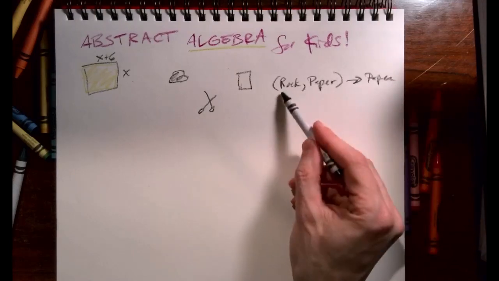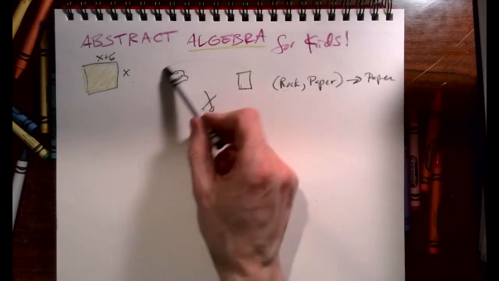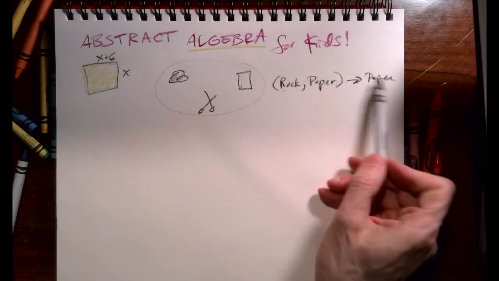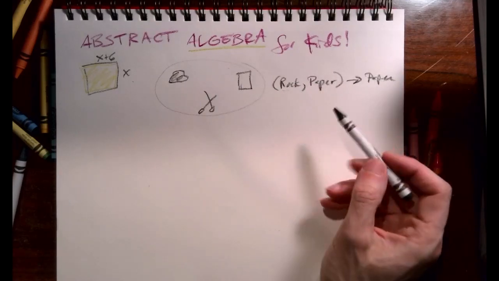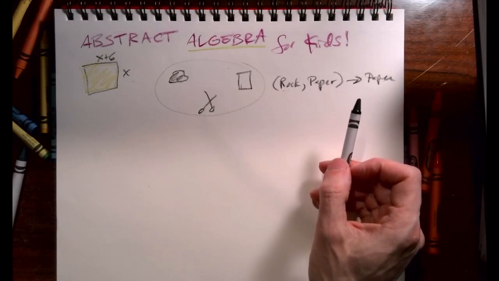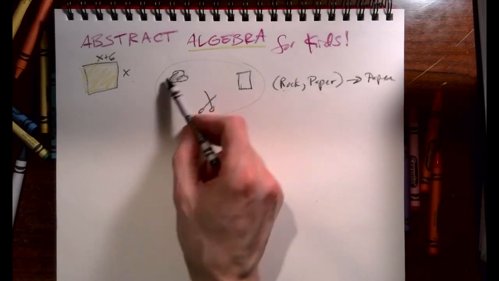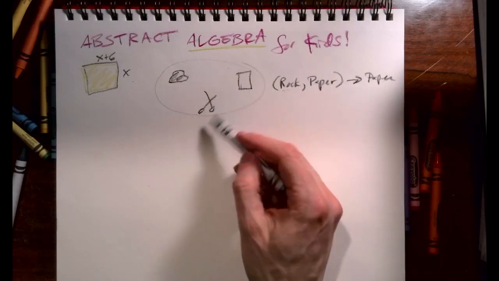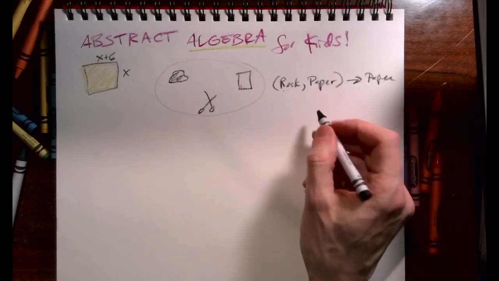So you could talk about the operation. Here's the set of things, and then the operation on 2 of them is determining the winner. Or you could also do determining the loser. And there's a set of rules here, and how do the rules work out? Is there an associative property of this?